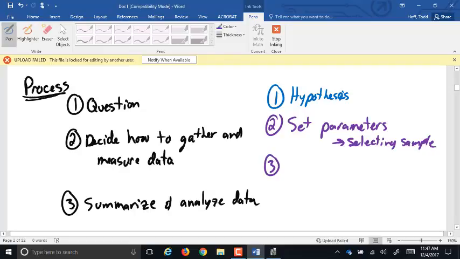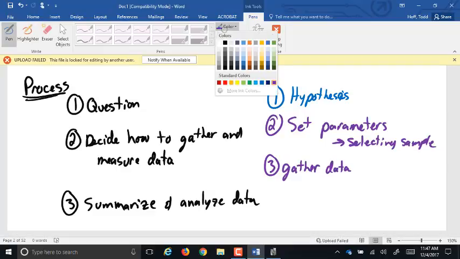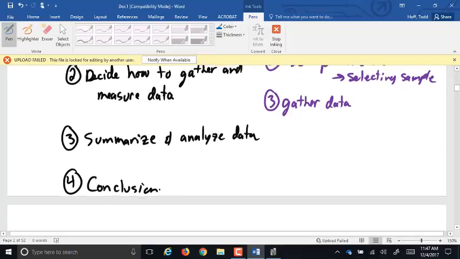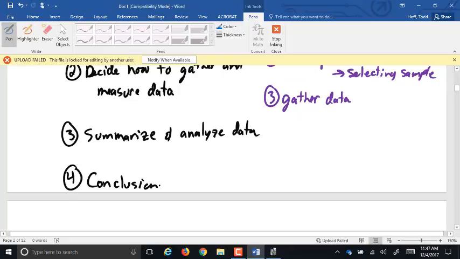Then the third step is to actually gather the data. And then the fourth step is very similar to the third in our scientific method. The fourth step is then to analyze and conclude and make a decision.